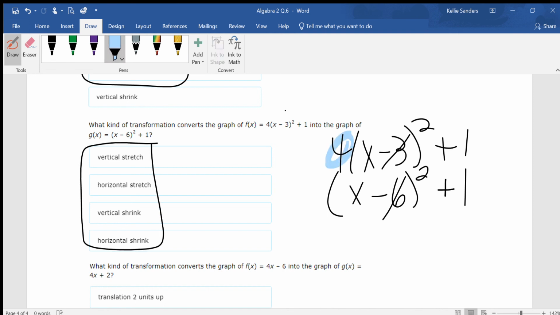So we are just going to look at this 4 going to a 1, which means it was divided. If it's divided, it's between 0 and 1, and it was just the x. So if it's just the x and we're dividing, it's a horizontal stretch.